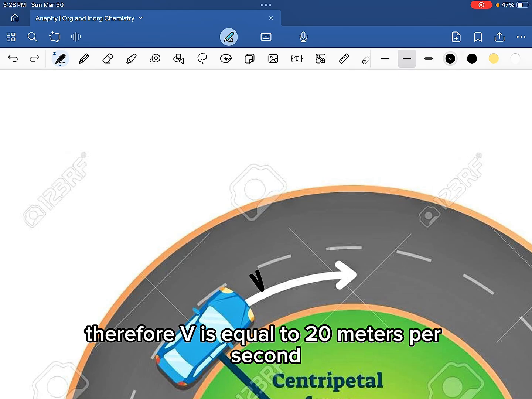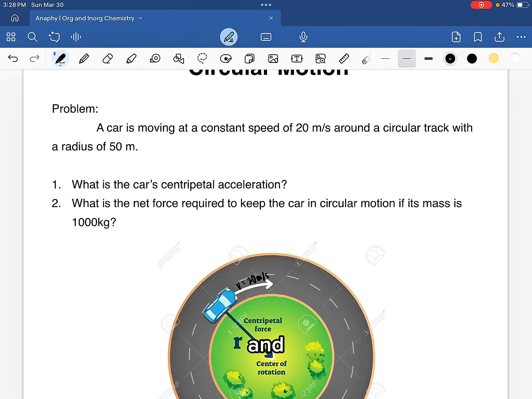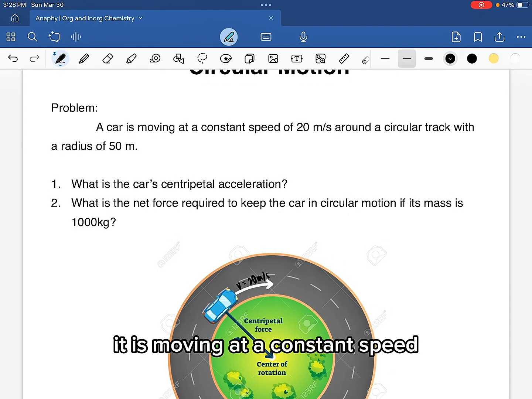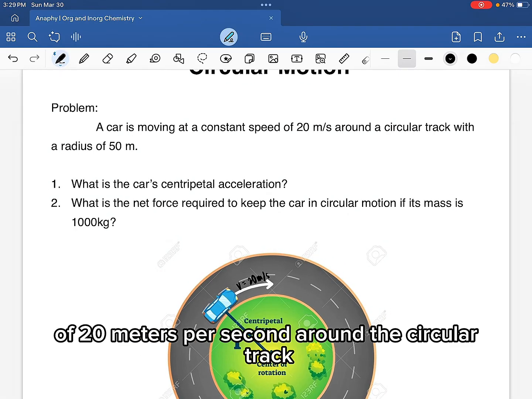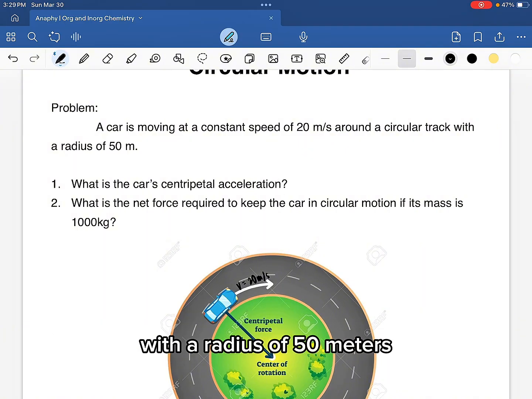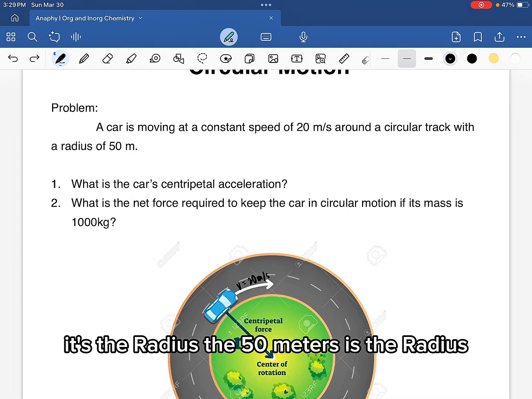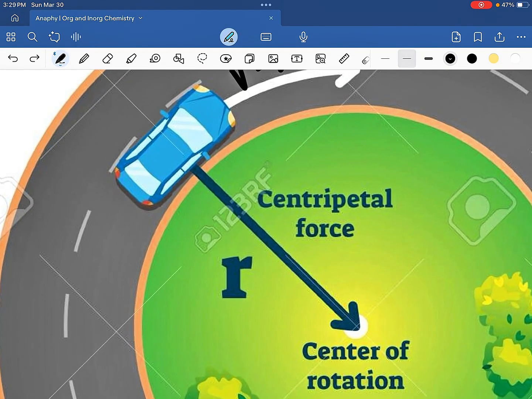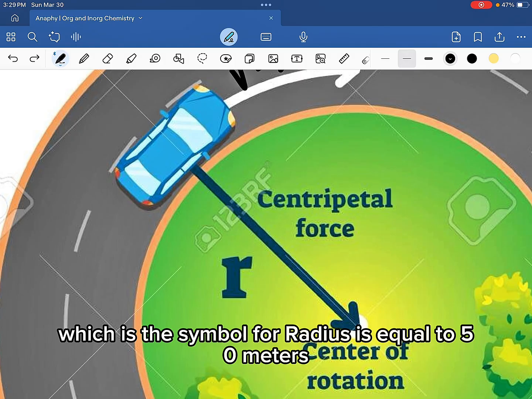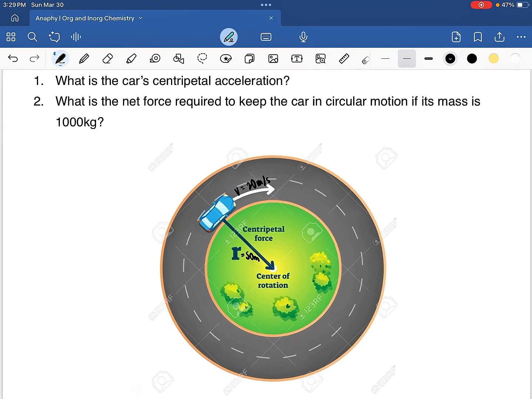Therefore, V is equal to 20 meters per second. And the 50 meters is the radius. Therefore, R, which is the symbol for radius, is equal to 50 meters.